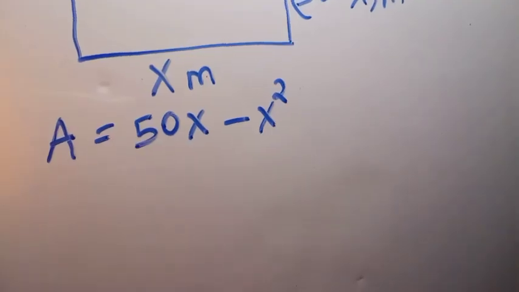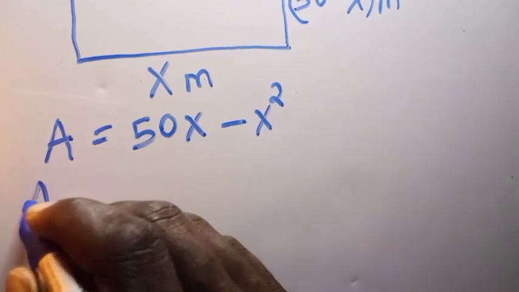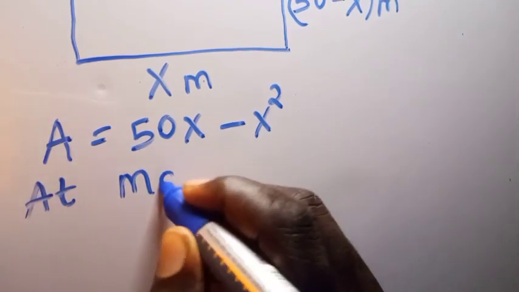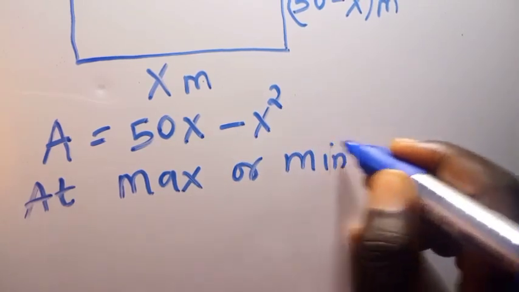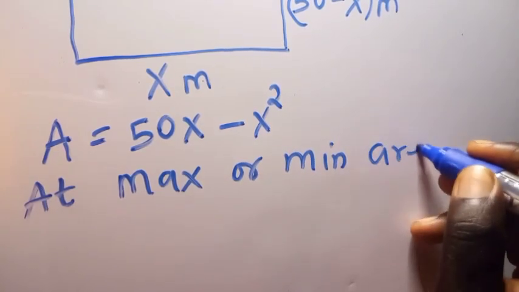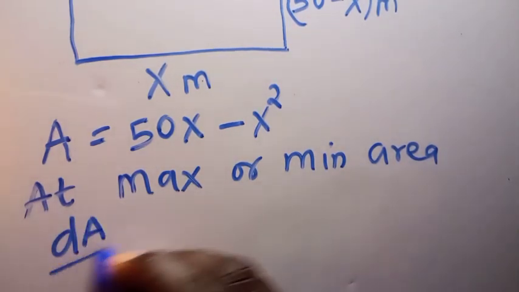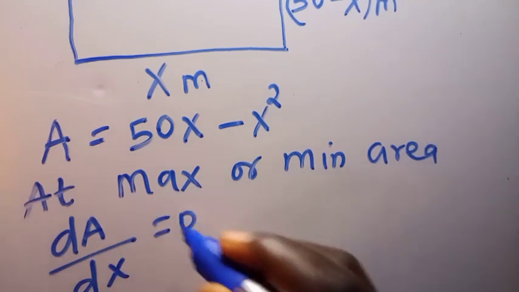Now, since this is our area, then we can say that at maximum or minimum area, dA over dx is 0.